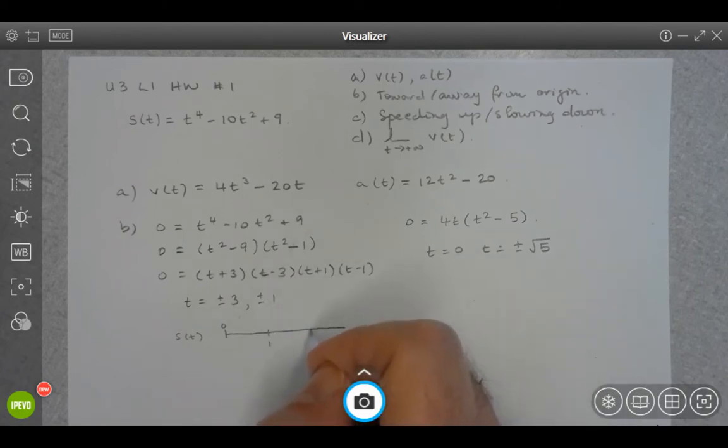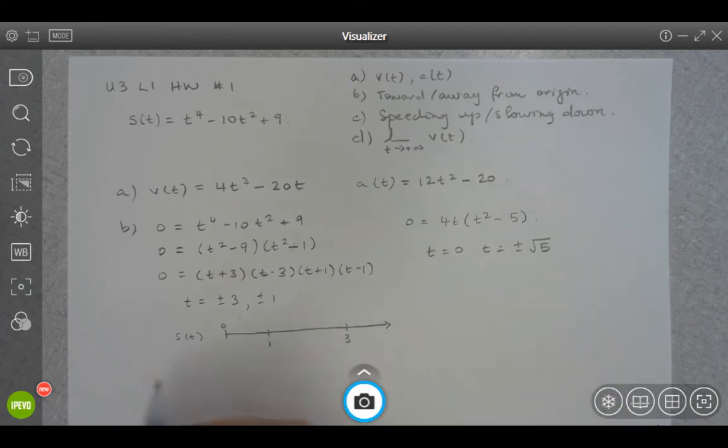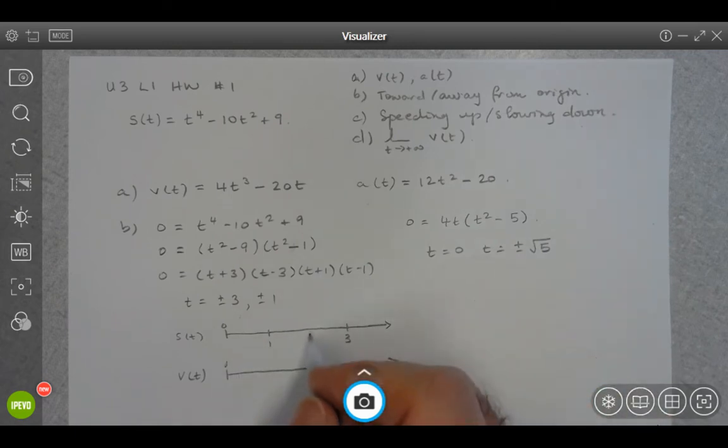Okay, and we'll put a 2, 3 here. And then for the velocity, again, starting at 0. The only thing that we're really interested in here is positive root 5. Okay, so that's going to be a little over 2.